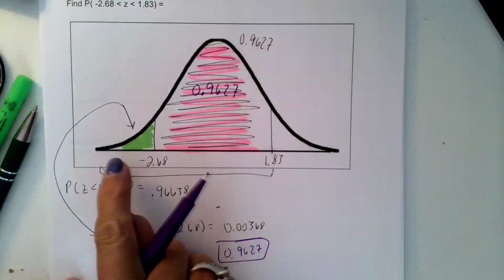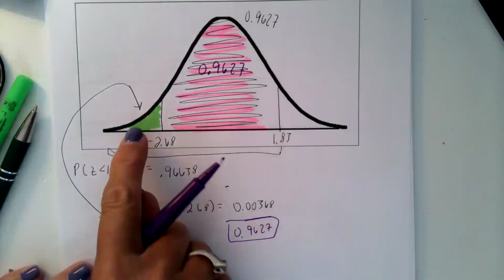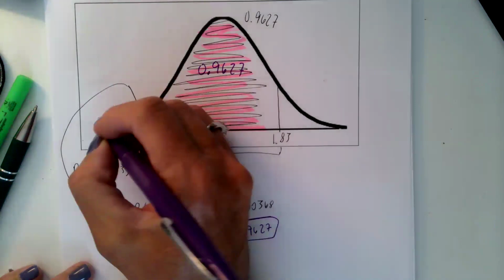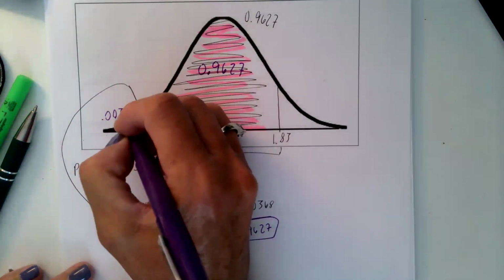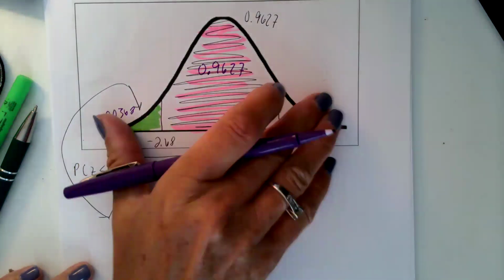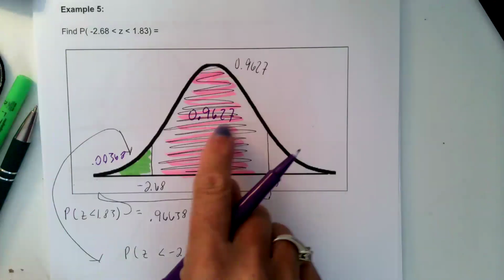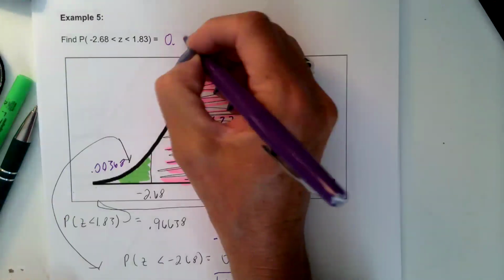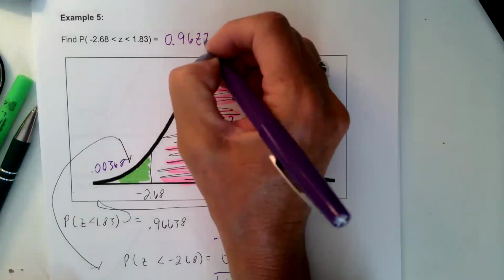So if you add this area 0.00368, the 0.9627, and if you found this area, that should equal 1. This is what we wanted: 0.9627.